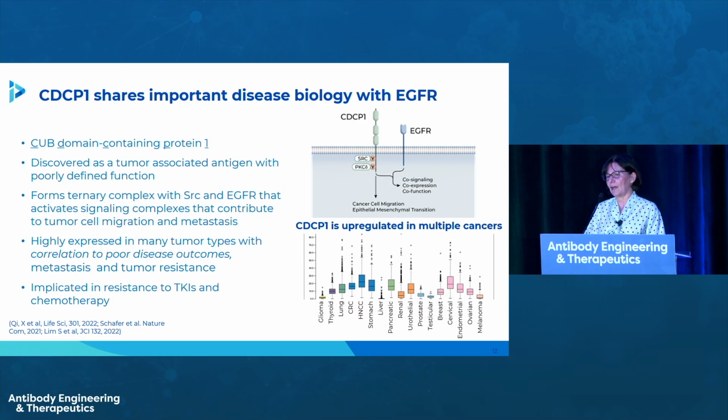It's also highly expressed and regulated by activated RAS. It's upregulated when RAS is present. It's associated with poor overall survival in a number of different cancers and poor clinical outcomes. And it's also been implicated in being a driver of resistance to TKI therapies as well as chemotherapies.